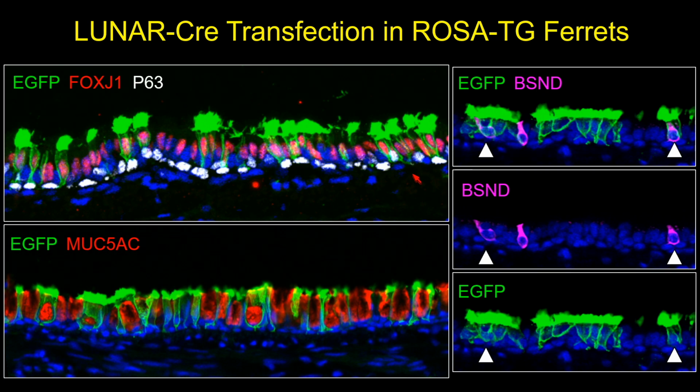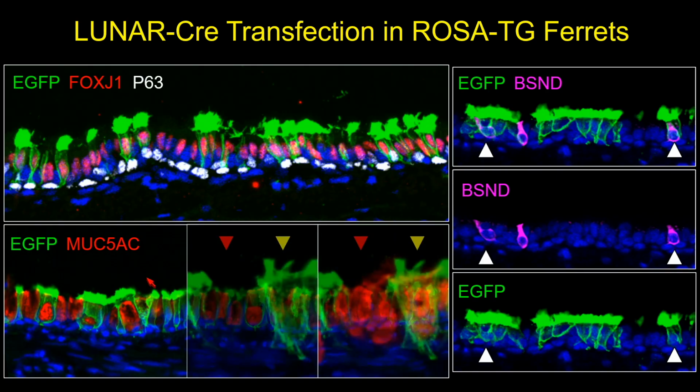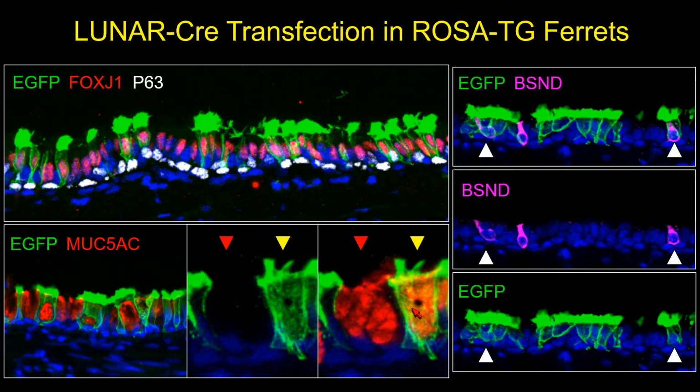So most everything here is ciliated cell transfection. Then you look down here for a mucus marker, and most goblet cells are not positive for GFP. Here's an example of one that I think obviously has some GFP in the cytoplasm overlap with the mucin, and this even looks like it's potentially a ciliated goblet cell, which do exist in disease states, by the way.